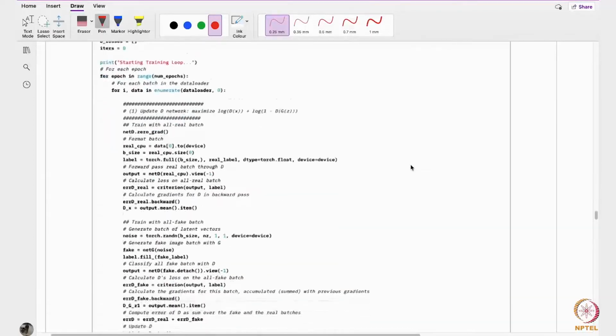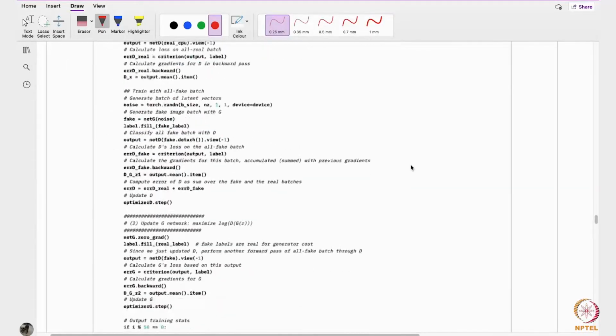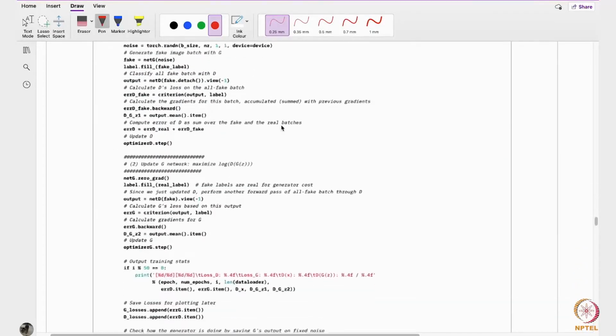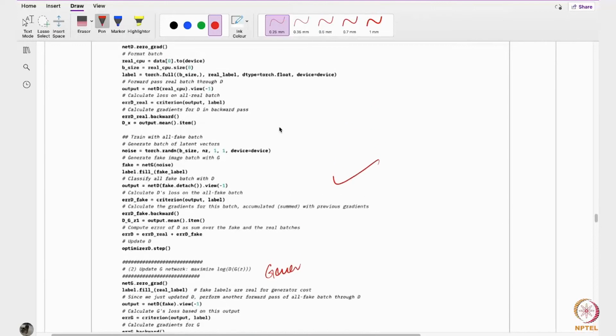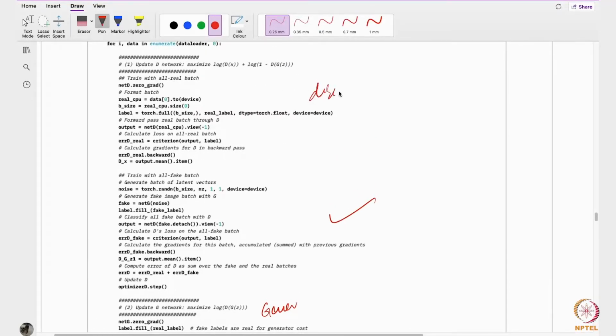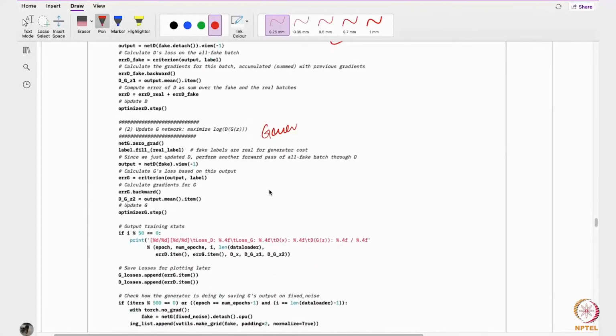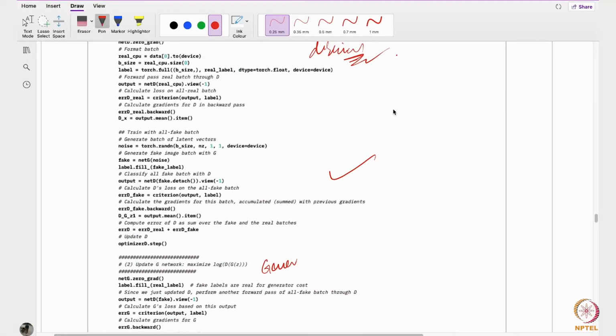Next, let us move on. This is the entire training loop. Here is the loop with respect to the generator, and this one has been written with respect to the discriminator. As I have already told you, in the discriminator section the target value for real images is kept 1, whereas if you give fake images, the target value is kept 0, and the loss functions are calculated accordingly.